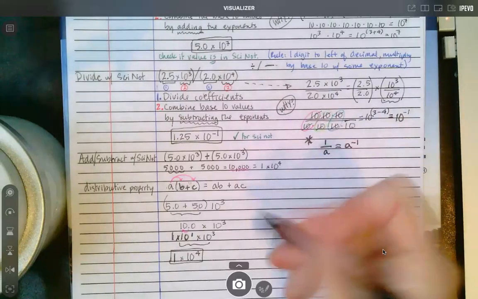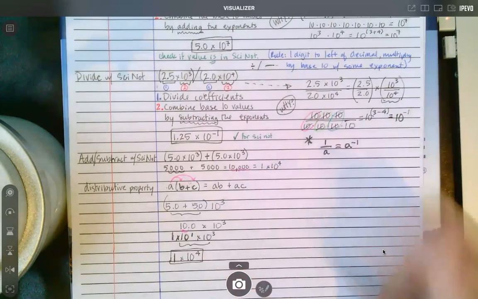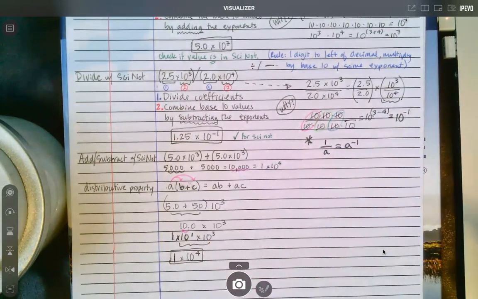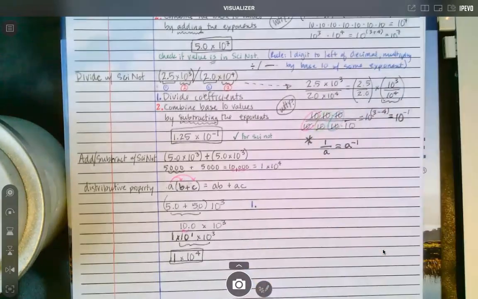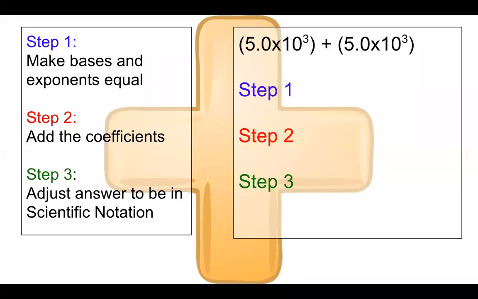So what I did here, number 1 in my steps, I made my bases and exponents equal. Well, the bases and the exponents were already equal, so I didn't have to do any adjusting on this particular problem, but I double checked to make sure that they were.